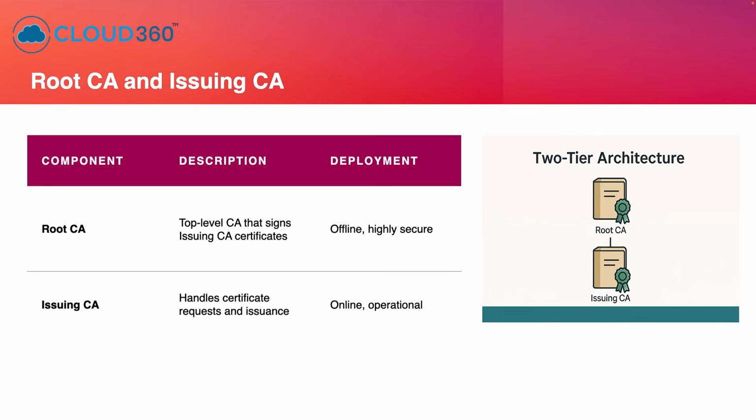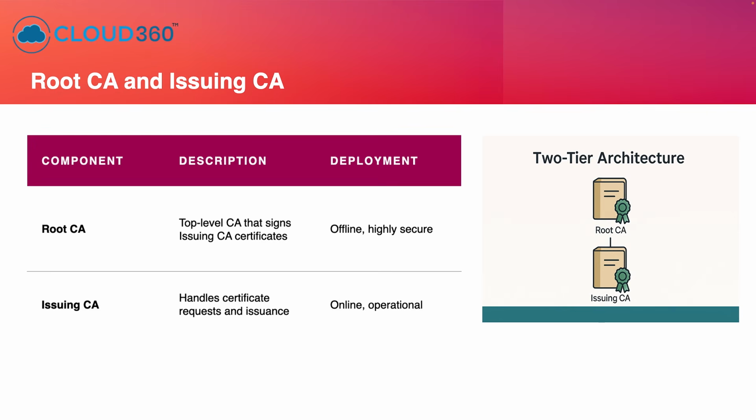The root CA is the top level authority in the hierarchy and is typically kept offline to protect its private keys. It is used solely to sign the certificates of subordinate certificate authorities known as issuing CAs. The issuing CA operates online and handles day to day certificate requests, issuance, and revocation.